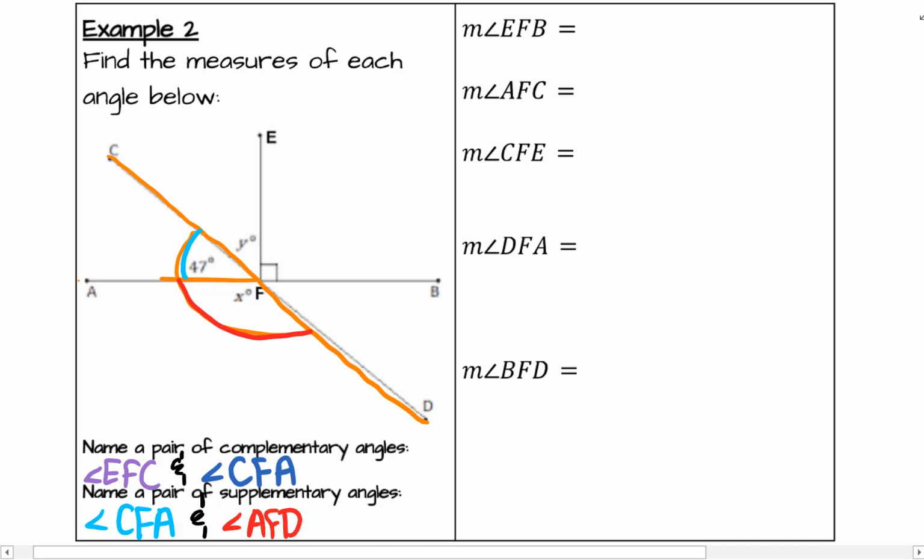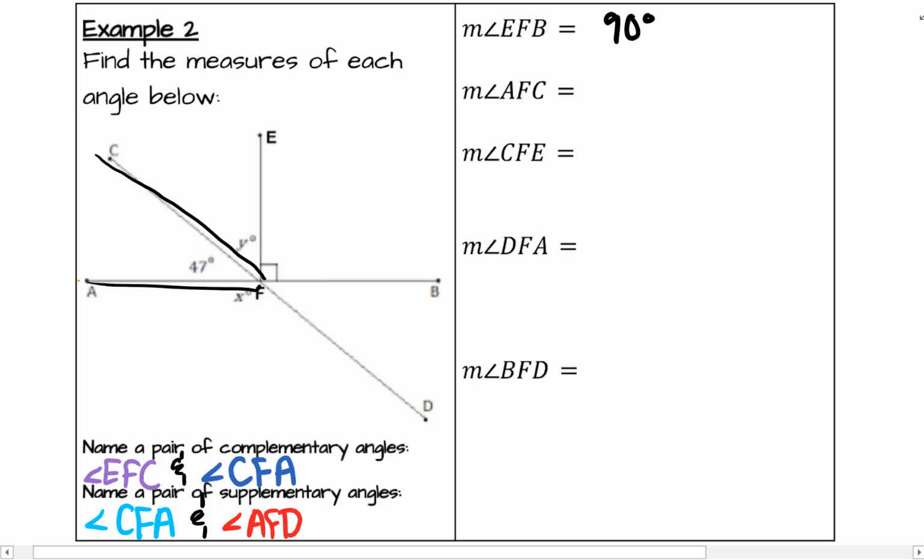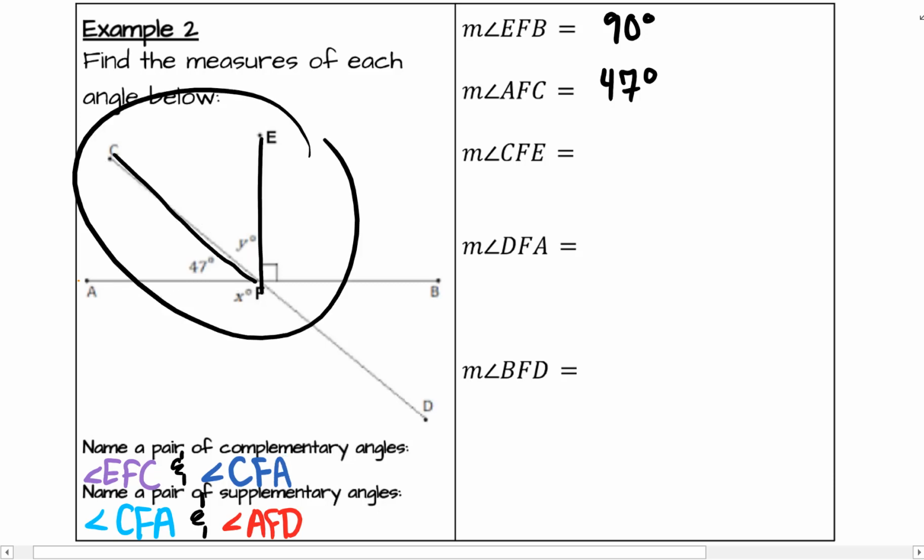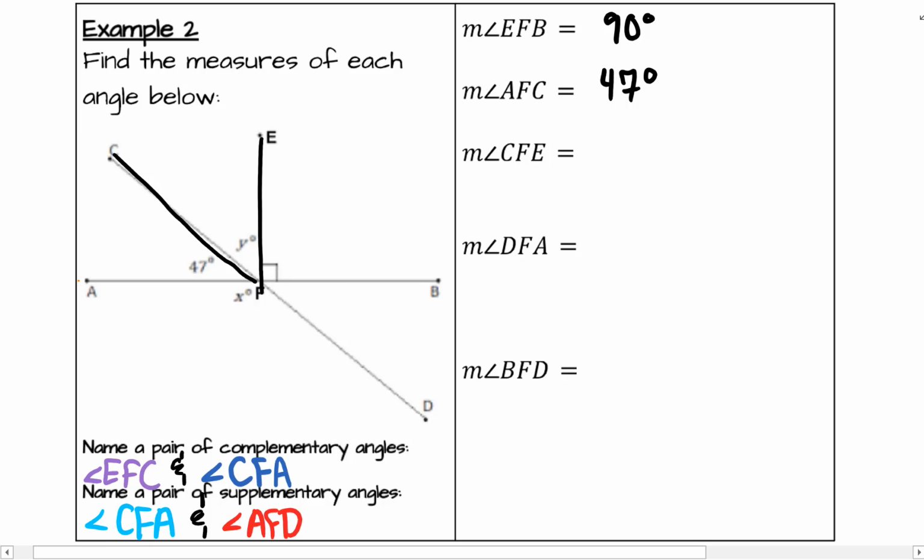What is the measure of angle EFB? Okay, we talked about this. This little box means 90 degrees. It's a right angle. What about the measure of angle AFC? Oh, they already gave us that, 47 degrees. Angles CFE and CFA are complementary, which means we know the whole is 90 degrees.